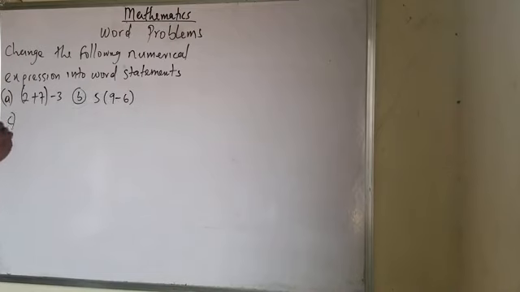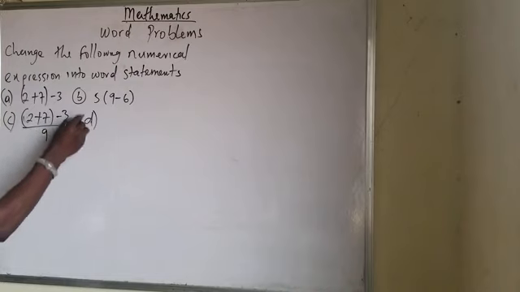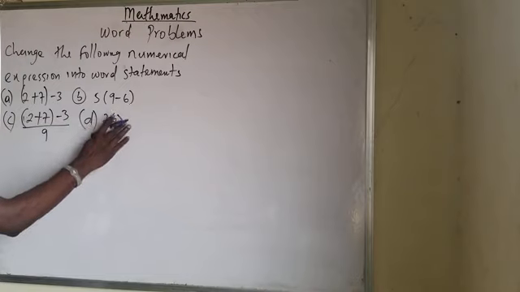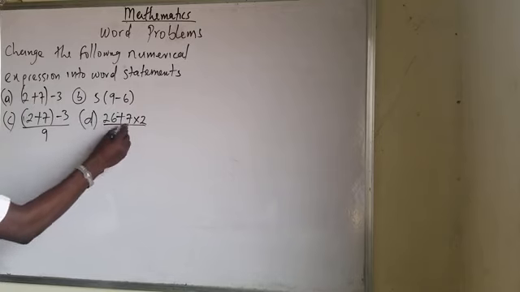C, I have 2 plus 7 bracket of minus 3 divided by 9. And D, I'm having 26 plus 7 multiplied by 2 divided by 8.